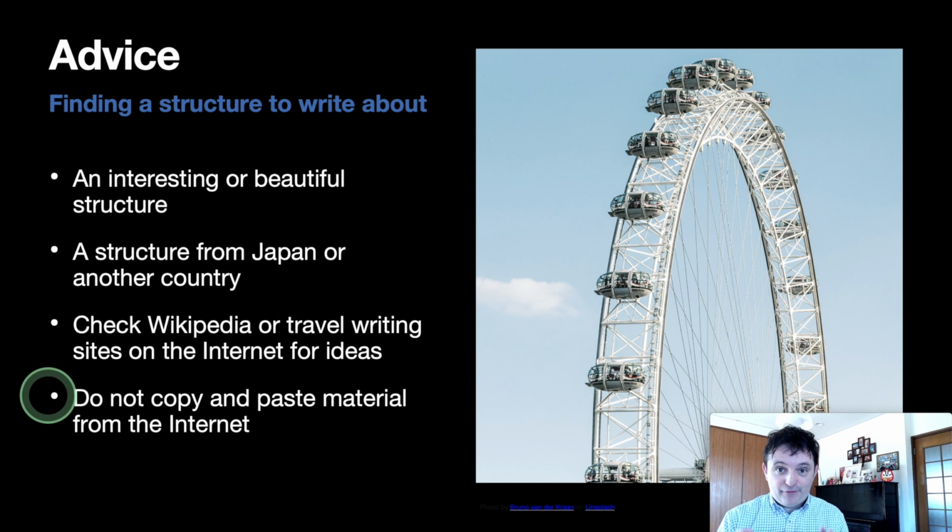However, the fourth point here, and this is really important, you must not copy whole sentences and paragraphs into your writing. If you do this, it is not your writing. You'll get a very low score and you'll be committing something called plagiarism, something we don't want at all.